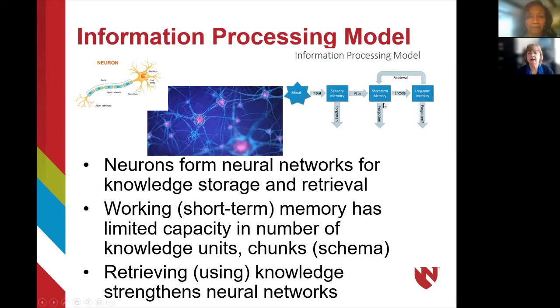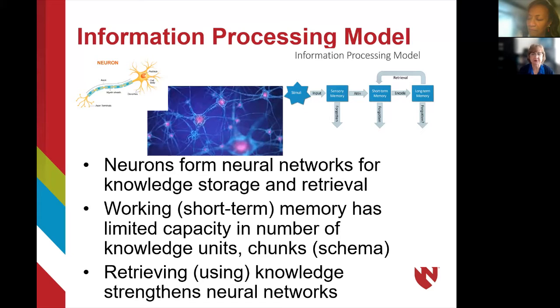Our neurons are what's doing the work when we are encoding and retrieving prior knowledge into our working memory. Working memory has limited capacity, as we talked about, in the number of knowledge units that can be in working memory at any one point in time. If it gets overloaded, it dumps something out to make room for something new.